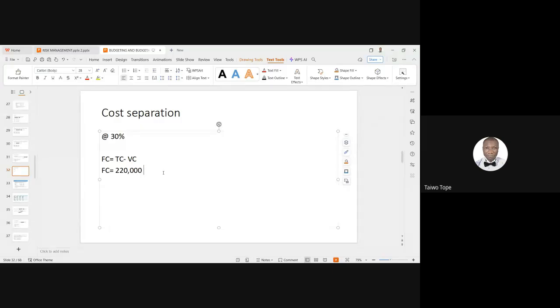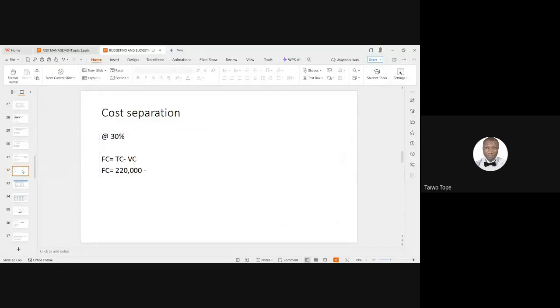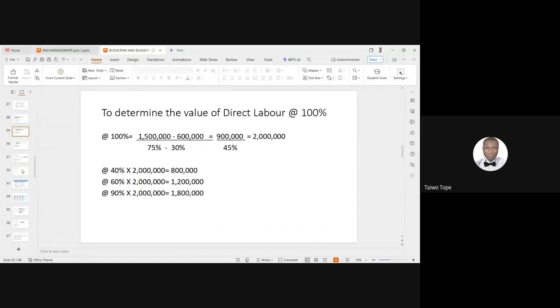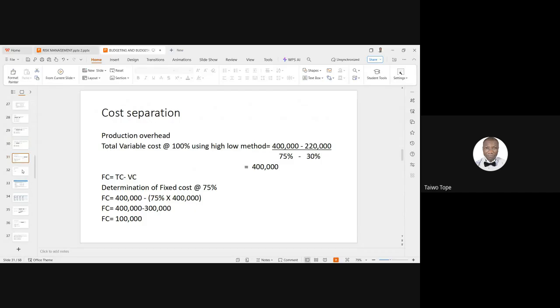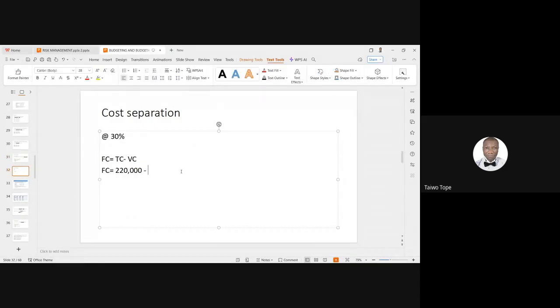220,000 minus our variable cost. We solved by determining variable cost at 100%, because it is variable cost that will always vary. So to save ourselves stress, the variable cost at 100% is 400,000. So at 30%, what will be your variable cost? It will be 30% of 400,000, which is 120,000.